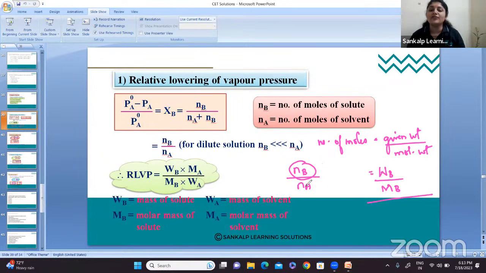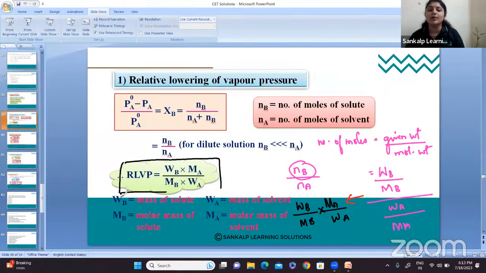Divided by NA, where the given weight is WA and the molecular weight is MA. Now I can rewrite this as WB divided by MB into MA by WA, right? So this is the formula to calculate the relative lowering of vapor pressure.